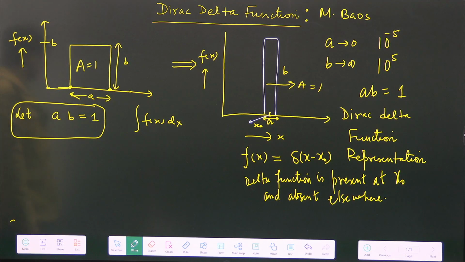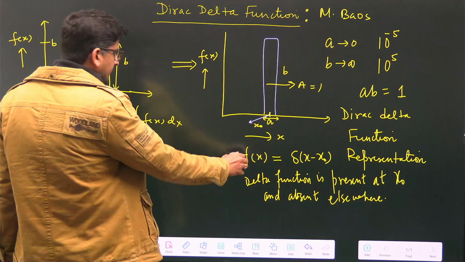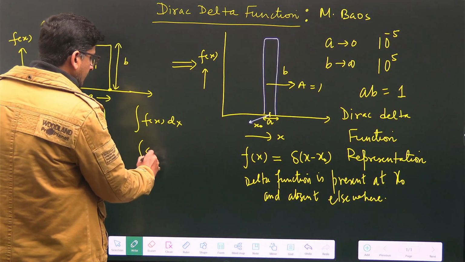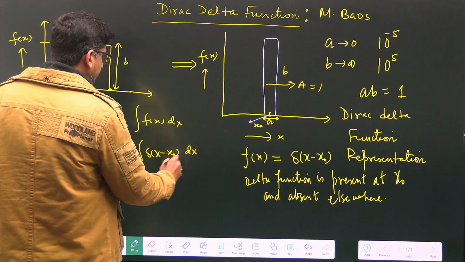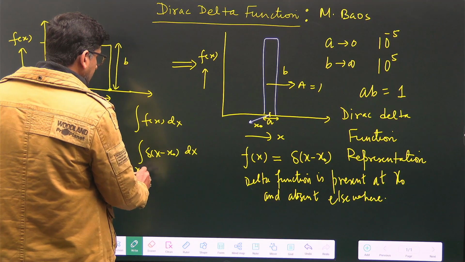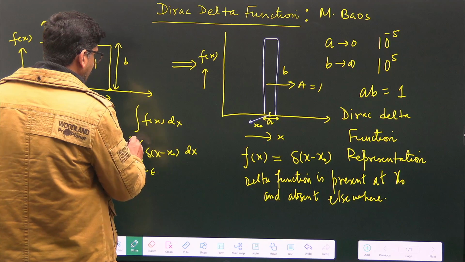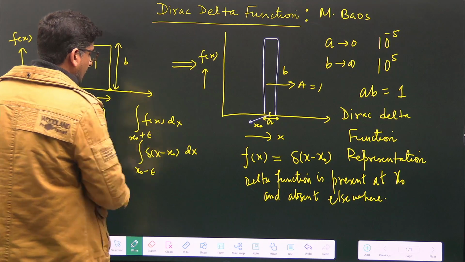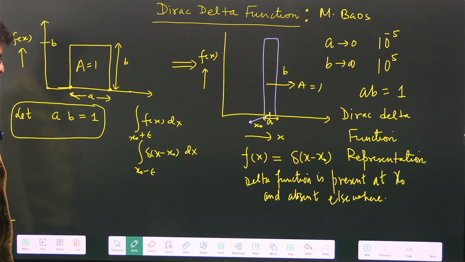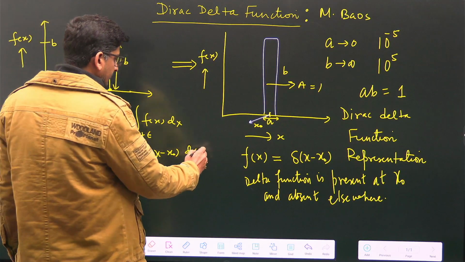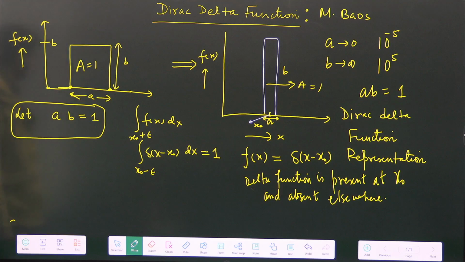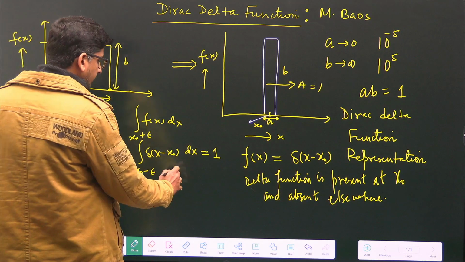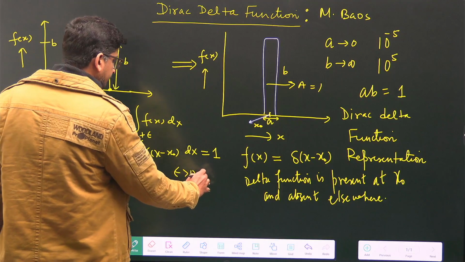In this case, it will be the integral of delta(x minus x naught) dx, if the limit starts from the left of x naught and goes to the right of x naught, then this should be equal to 1, where epsilon is some small positive number.